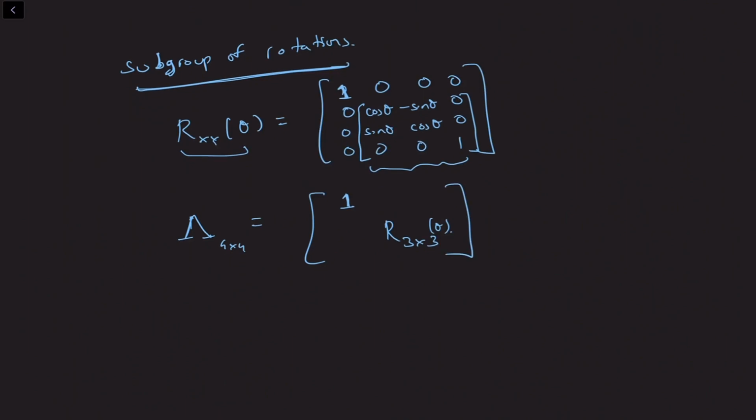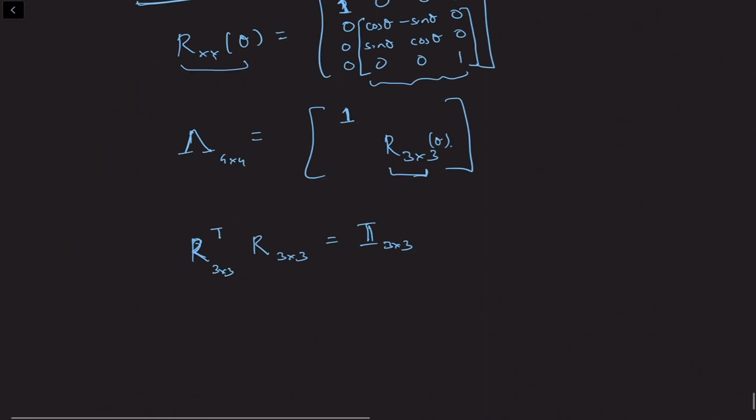And these rotation matrices depend on both the angle as well as the axis of rotation. And these matrices R satisfy the property that R transpose R, where these are 3x3 matrices, is the 3x3 identity matrix.